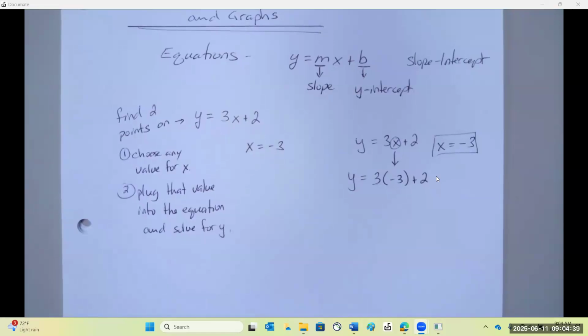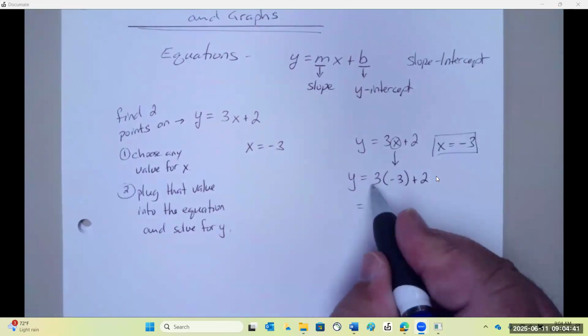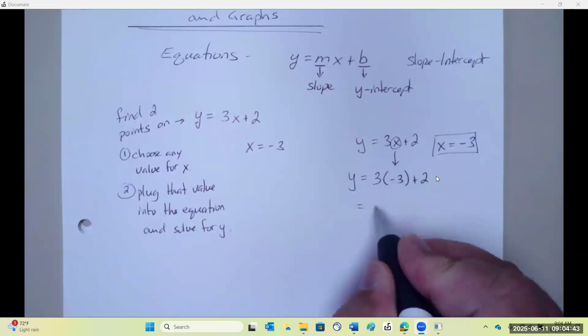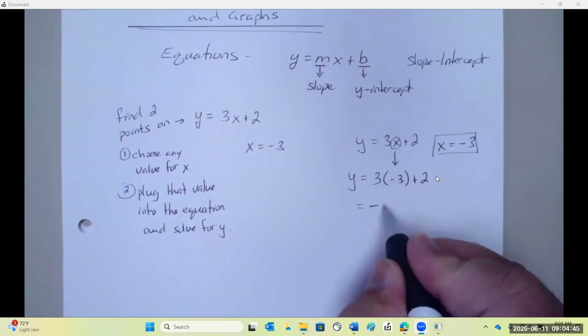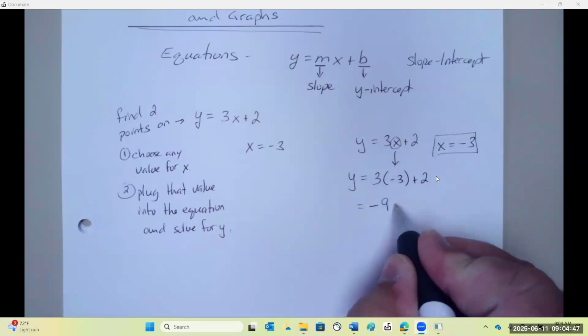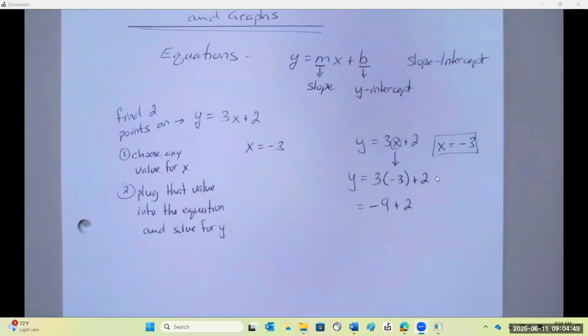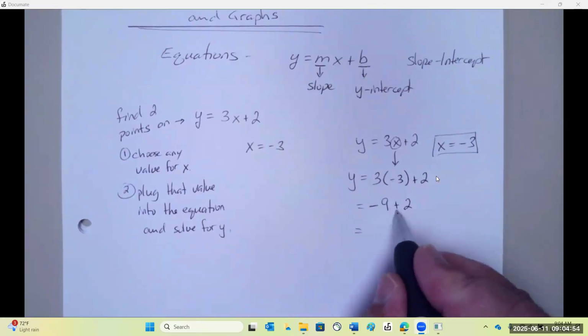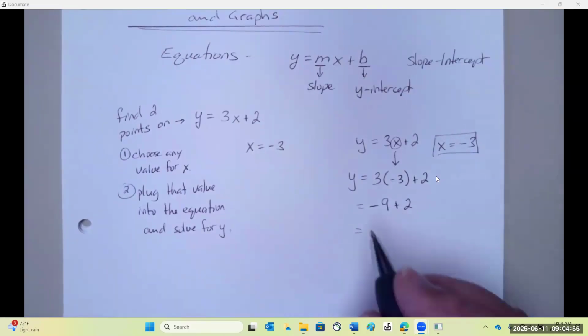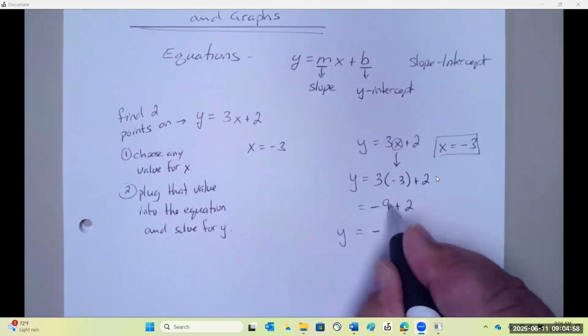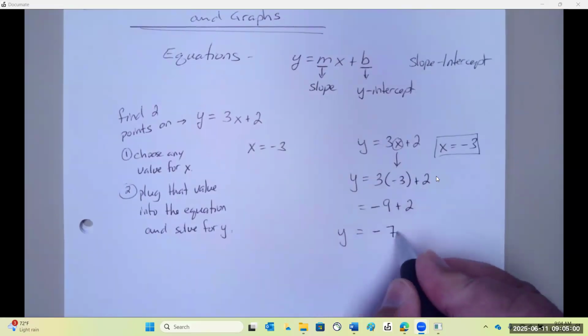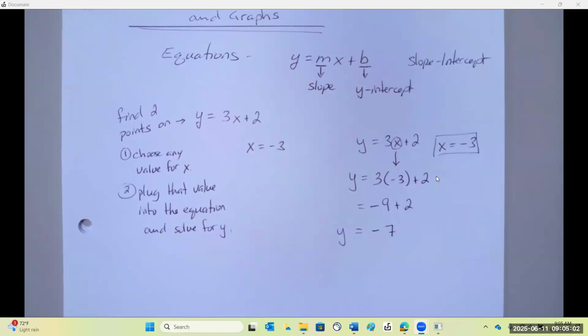It's plug and play. Now I work it out. Positive times negative is negative. 3 times 3 is 9 plus 2. So here we have different signs. Is the answer going to be positive or negative? 9 minus 2. So that's what the answer is.